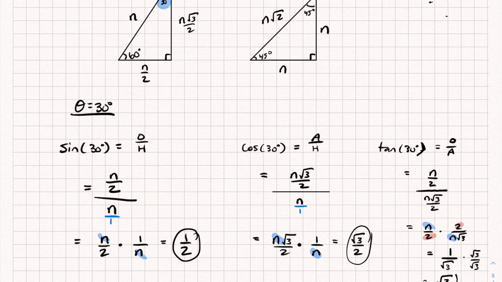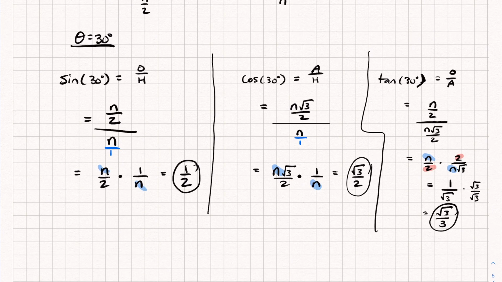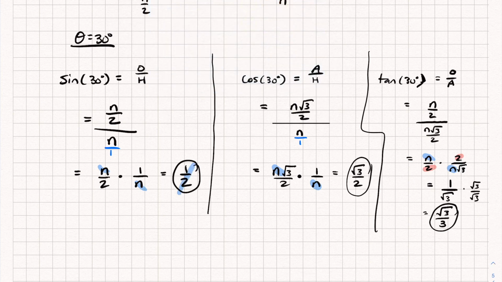So I have sine, cosine, and tangent for 30. And the results here are really, really important. Notice that in all of my answers, none of them contain an n. My question is, why? Why is there no n?